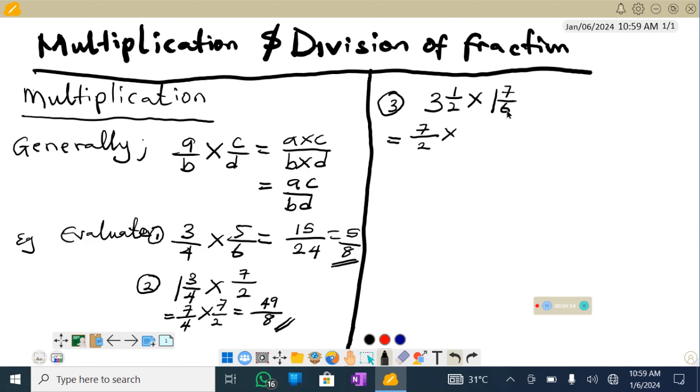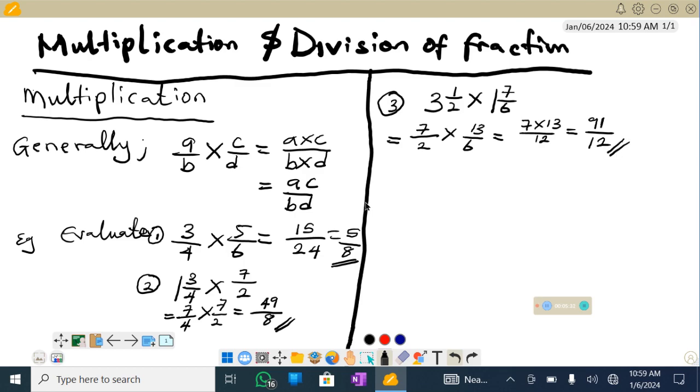Then 6 times 1, 6 plus 7, that will give us 13, so you have 13 over 6. Remember, numerator multiplies itself, denominator multiplies itself. So that will give you 3 times 13 over 2 times 6, which is 12. So that becomes our answer.